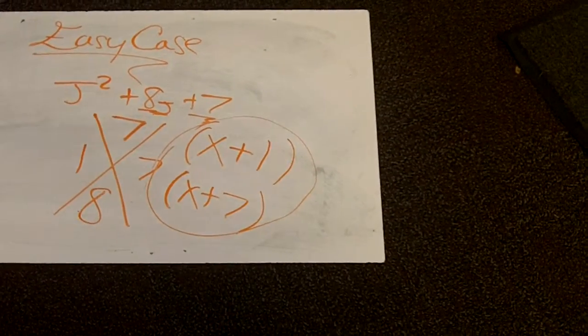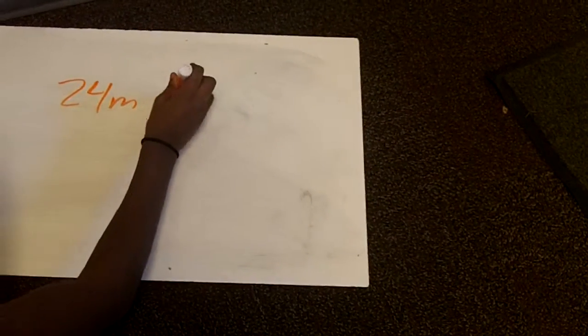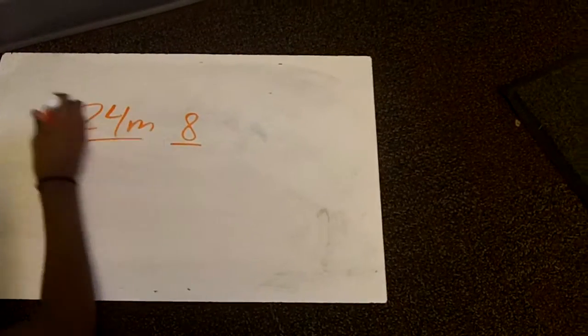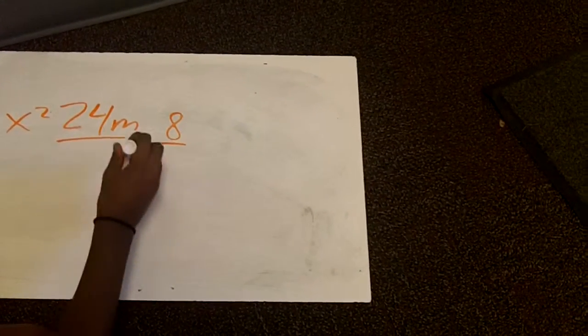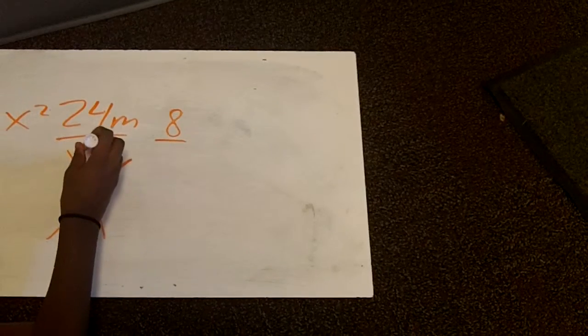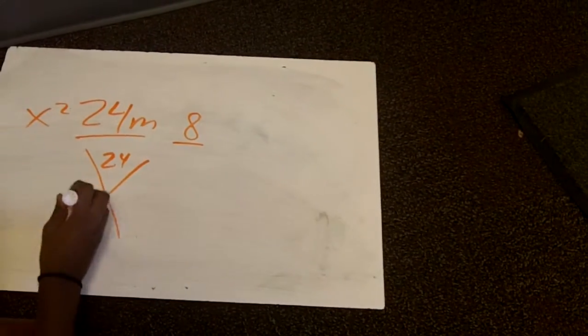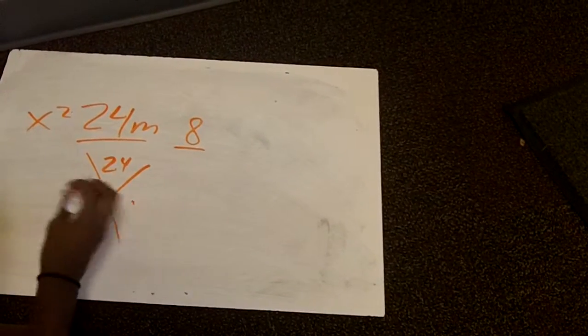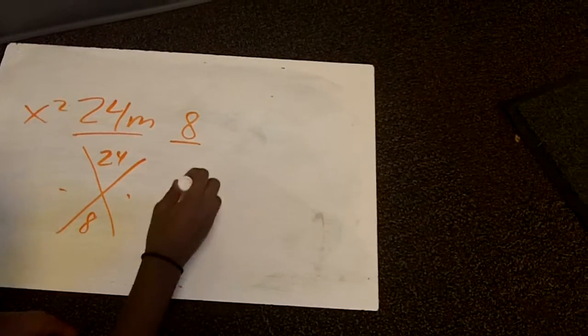Okay. Some things that I had troubles with before I was able to understand all three of these, especially the easy case, was that I kept, let's say, this was 24, and then this was like 8, and there's like x squared. I used to do something kind of like this, 24 and 8, and I'd try to see what terms would add up to 8, and I'd get a very wrong answer.